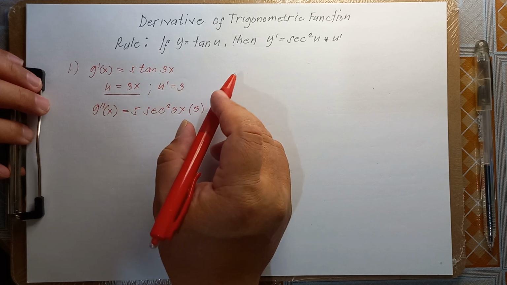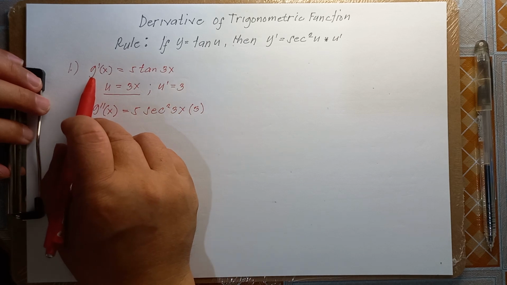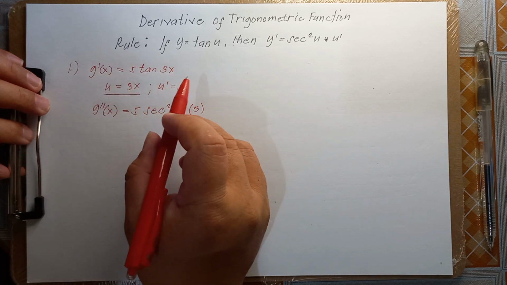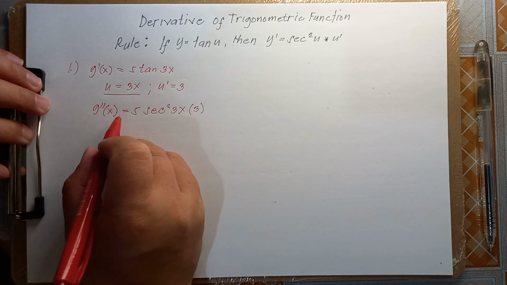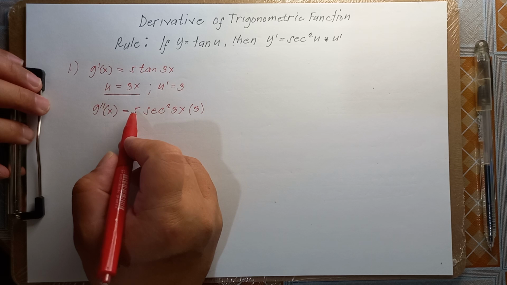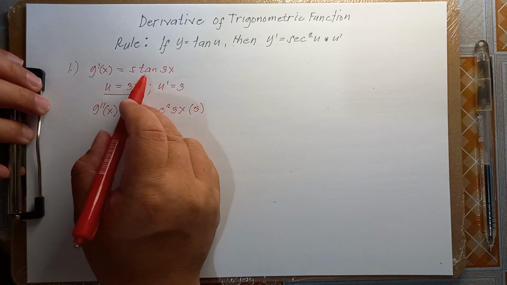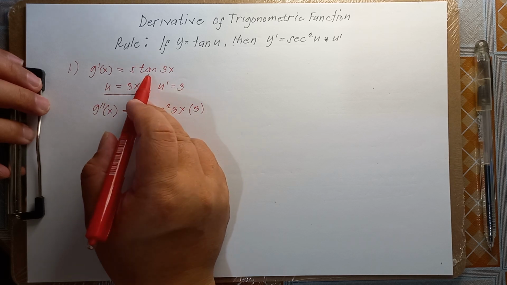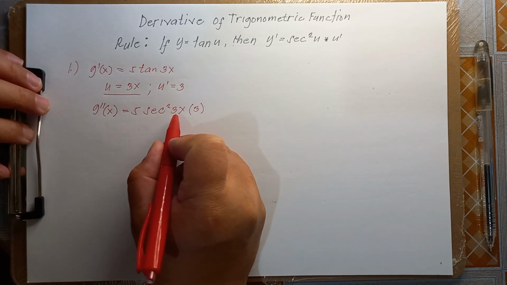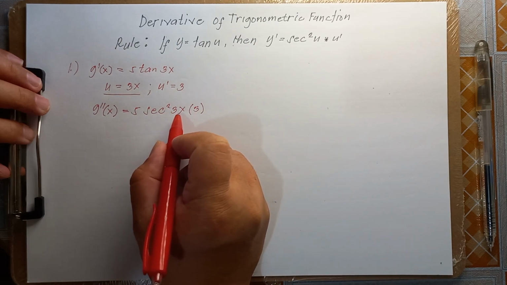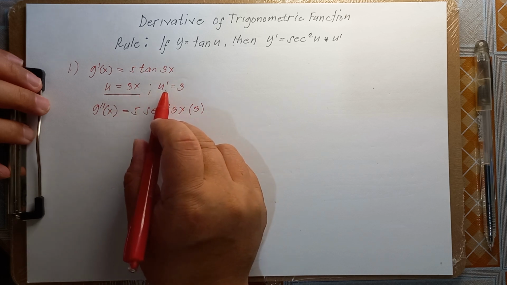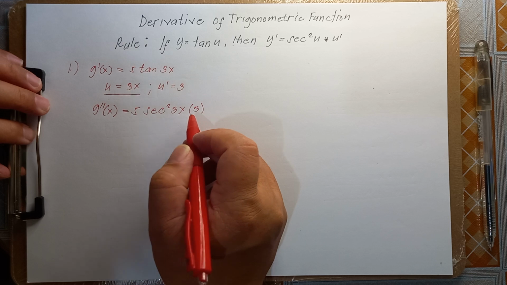So we are now ready to get the derivative of g prime of x equals 5 tangent 3x by saying g double prime is equal to 5 multiplied by the derivative of tangent, that is secant squared u. So secant squared 3x, multiplied by the derivative of u, which is u prime equal to 3.